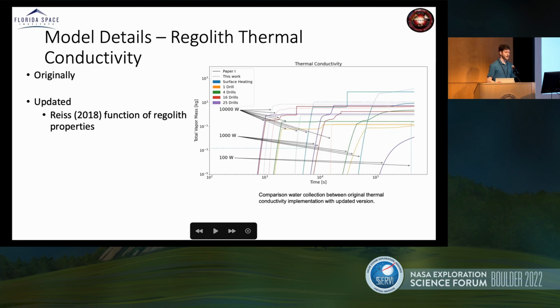And here we can see that it has a generally noticeable impact, where productions are often delayed and can be significantly more or significantly less than with a static thermal conductivity. This is because, as water ice changes from a solid to a gas, the thermal conductivity significantly changes, because the thermal conductivity of a gas is very different from that of water ice.